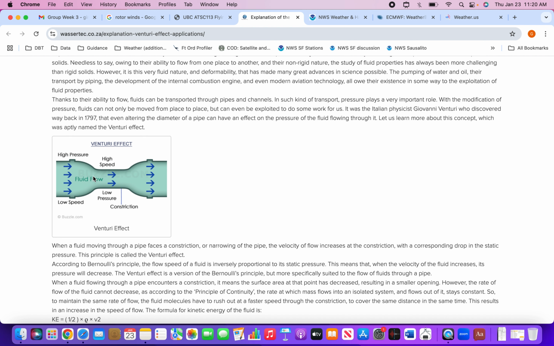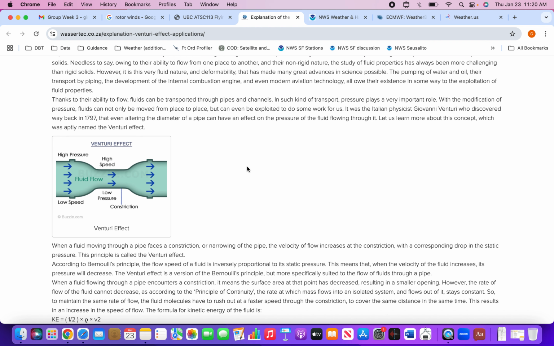But the Venturi effect happens when wind gets funneled through a mountain range or a pass or something like that, and it accelerates. As it's moving through the canyon or the pass, it accelerates even further.